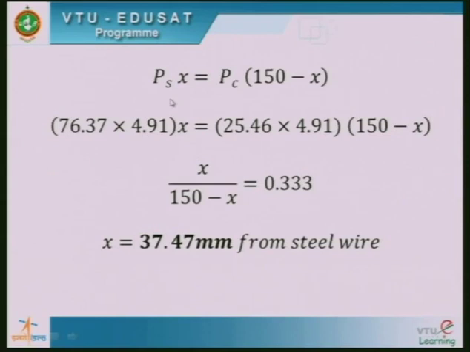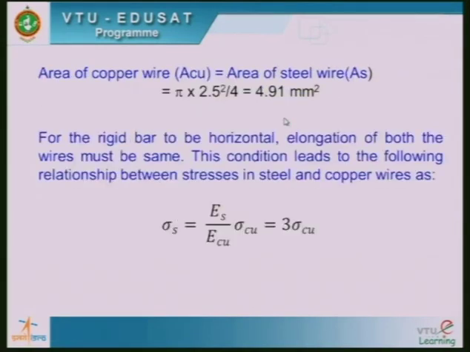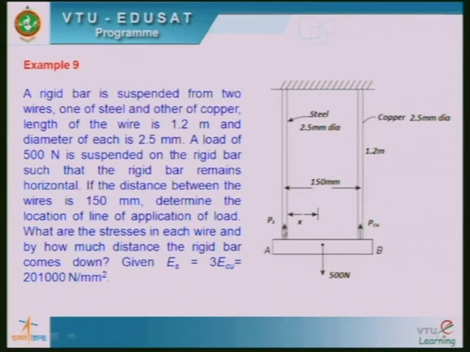So, P_s into x is equal to P_c into (150 minus x). Let us go back to the sketch. See, this is the force carried by steel. I will say P_s times x should be equal to P_Cu times (150 minus x). So, load by this distance should be equal to this load multiplied by this distance.